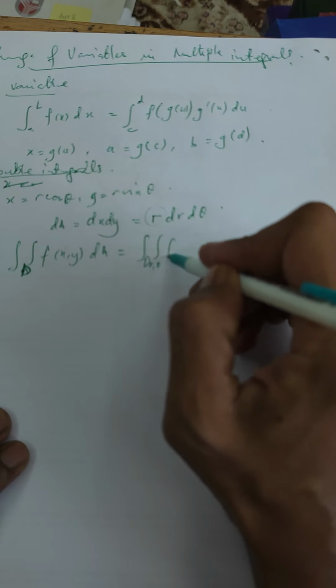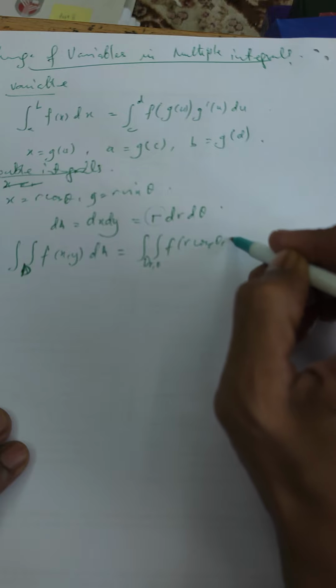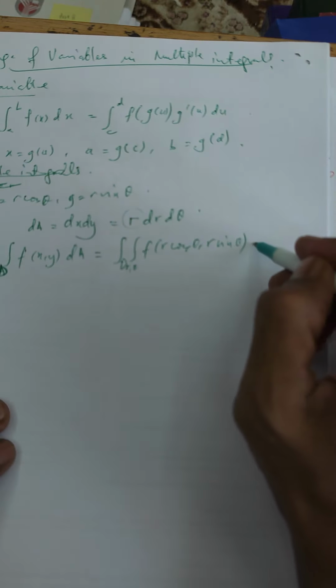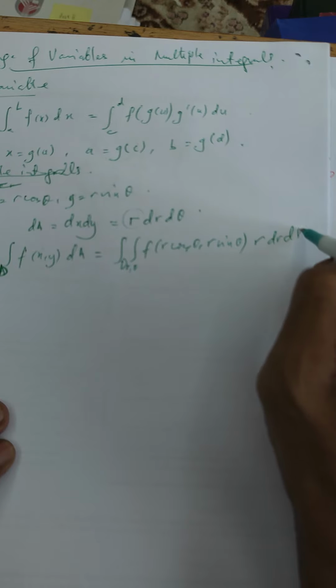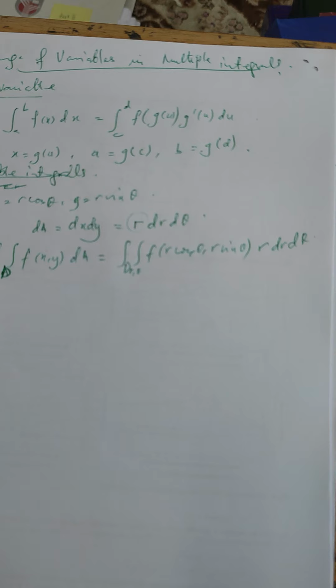So f(x,y) becomes f with r cos theta for x and r sin theta for y, and dA becomes r dr d theta. So this is an example of change of variable in double integral.